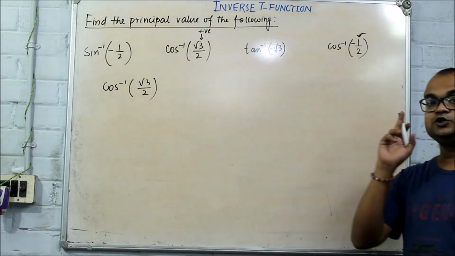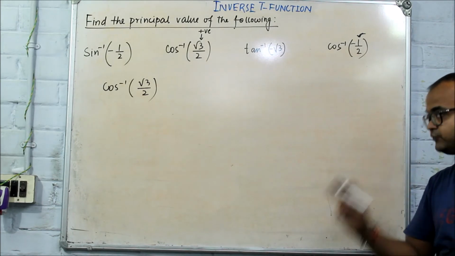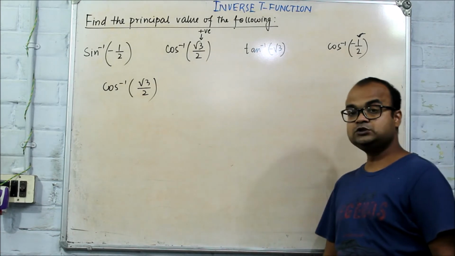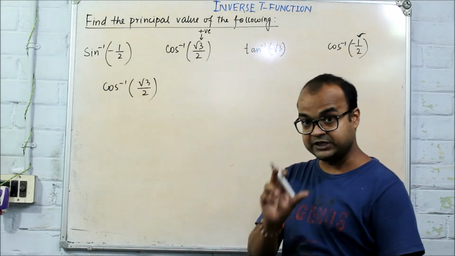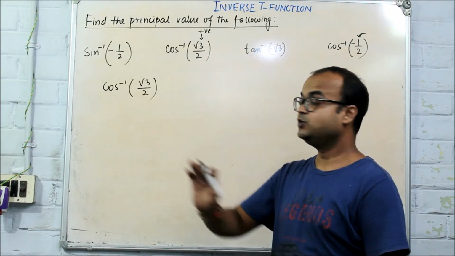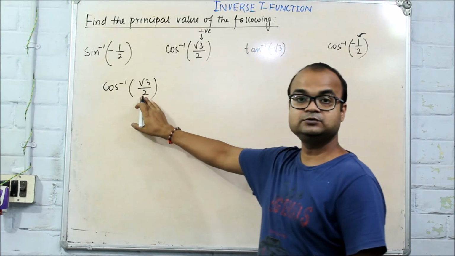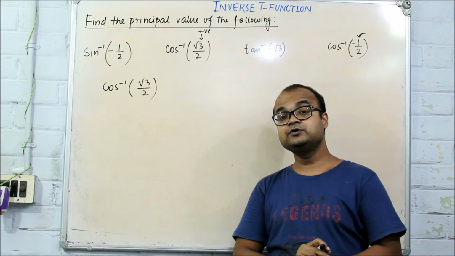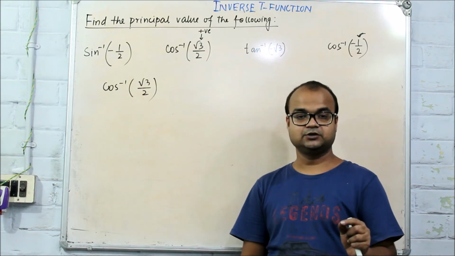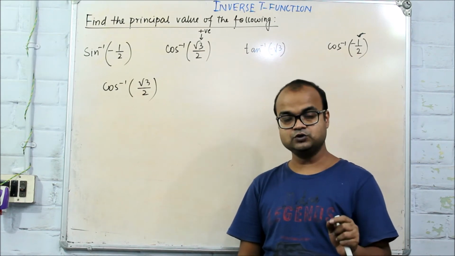Positive means your theta will belong to the first quadrant. So root 3 by 2. Find the angle for which cos theta takes the value root 3 by 2. It is cos of 30 degree. Cos 30 is equal to root 3 by 2.